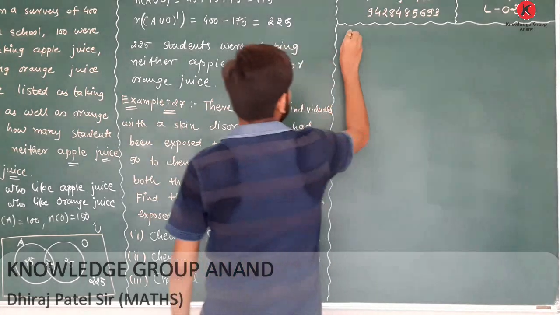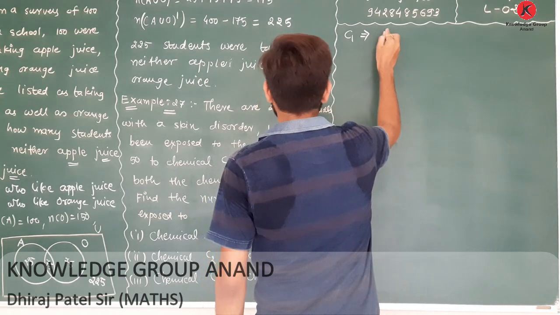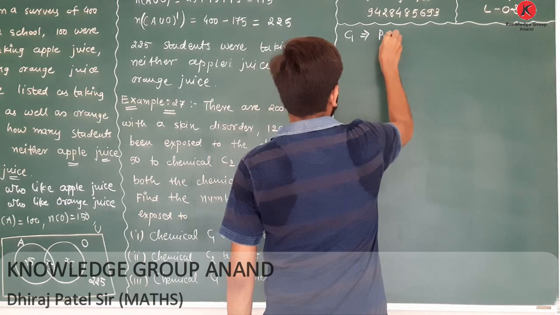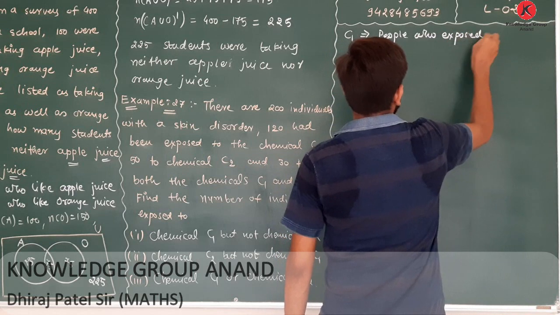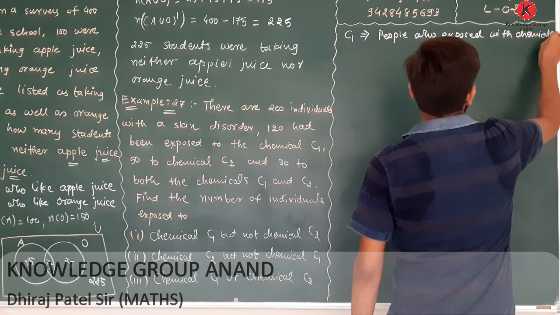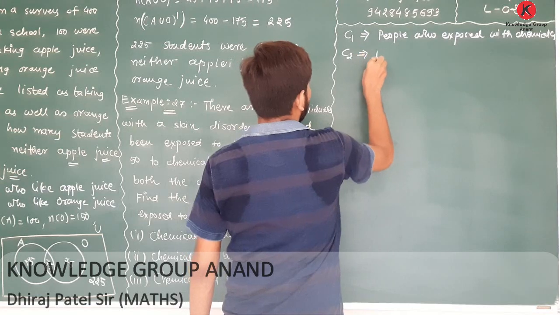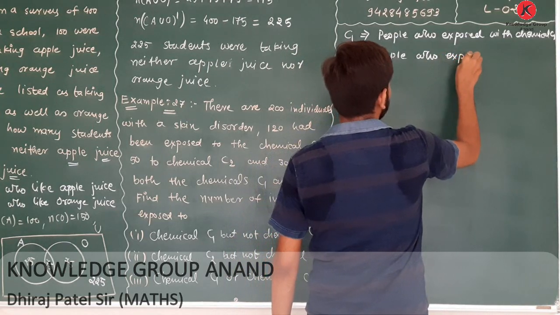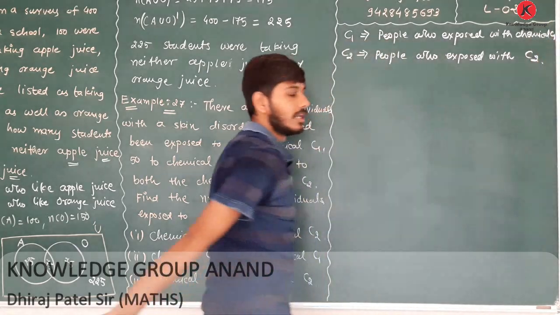I am taking the set C1, the people who were exposed to chemical C1, and the set C2, which represents people who were exposed to chemical C2.